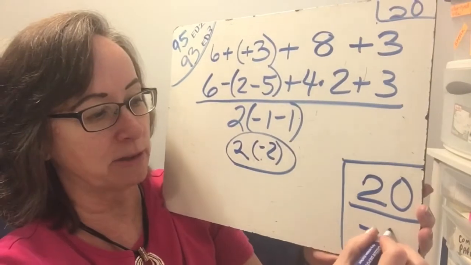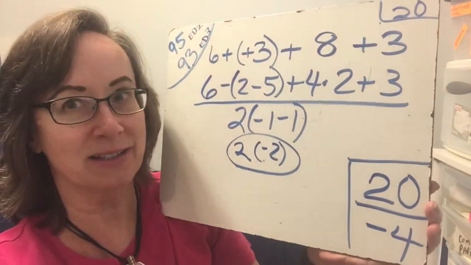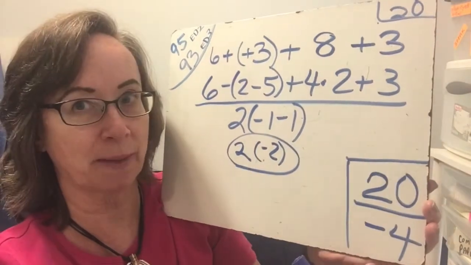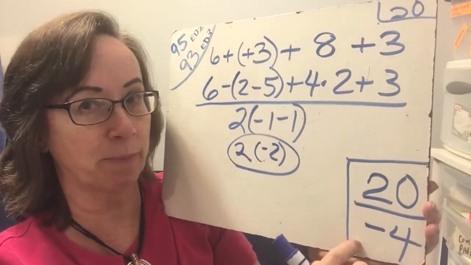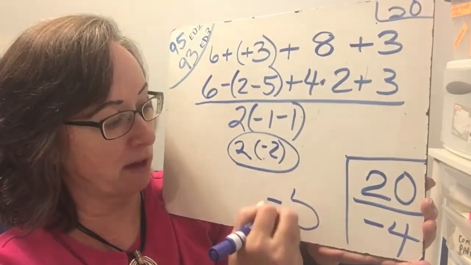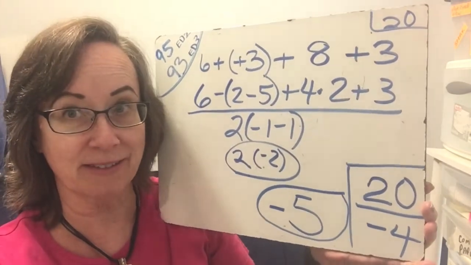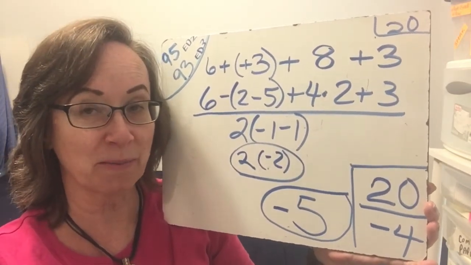So our denominator is -4, therefore, our entire answer will be 20 divided by -4. Positive divided by negative is a negative. 20 divided by 4 is 5. So hopefully you got a -5 for your practice problem.